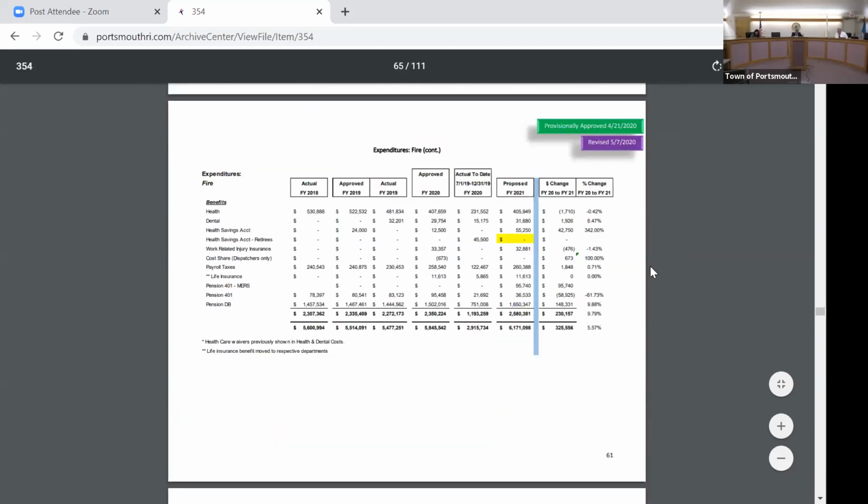Additionally, on the next page, page 61, you can see where we have zeroed out the retiree health savings account line due to moving this expenditure to the HR budget.